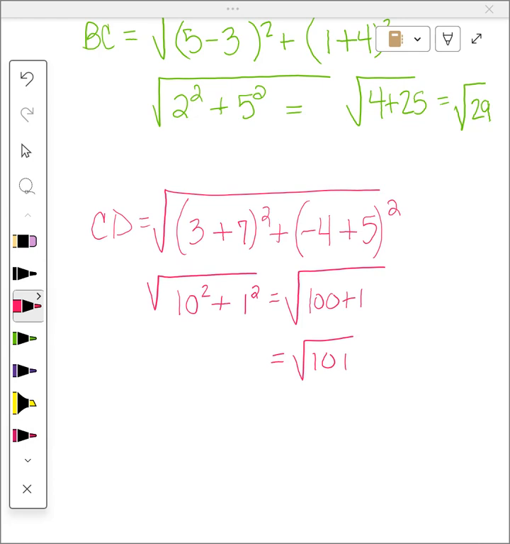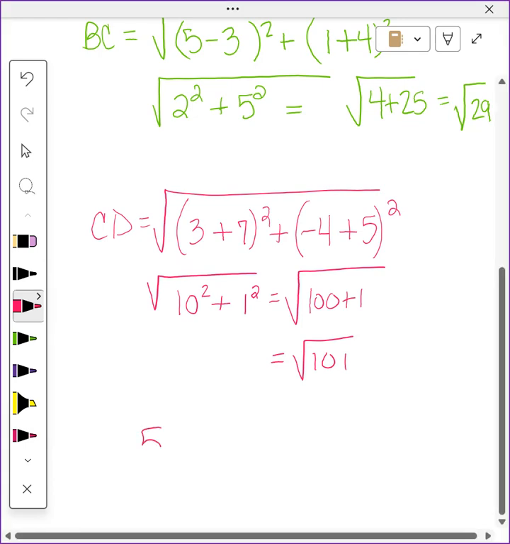So the last one, segment AD, I'm going to use Pythagorean theorem again. So I'm going to draw my triangle. So this leg is 5, this leg is 2, and I'm going to call this C. So 5 squared plus 2 squared equals C squared.